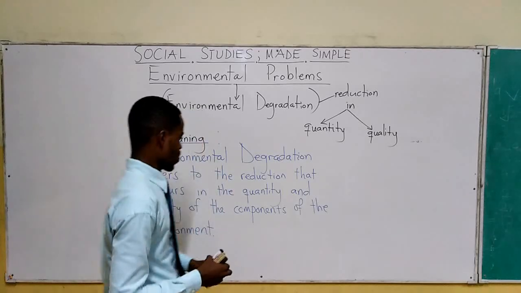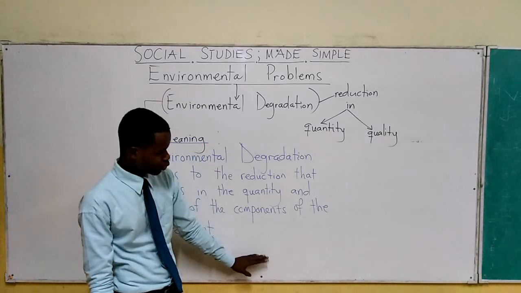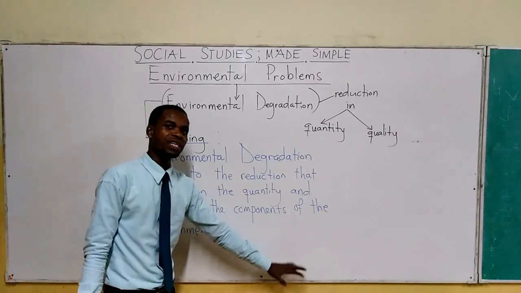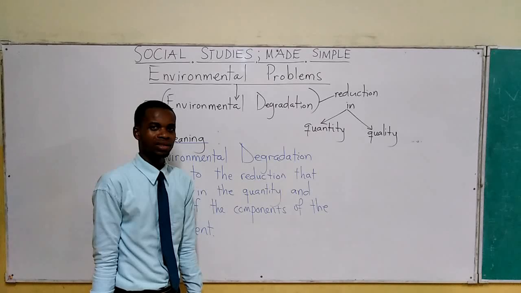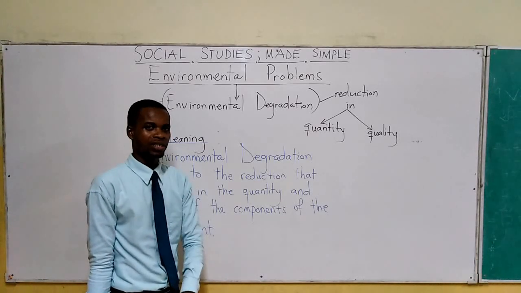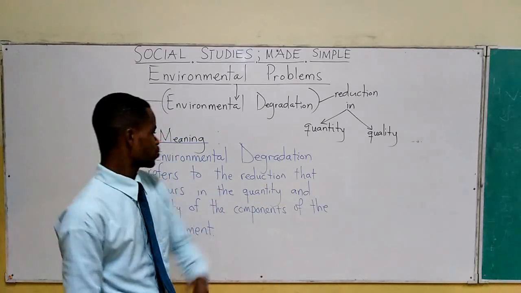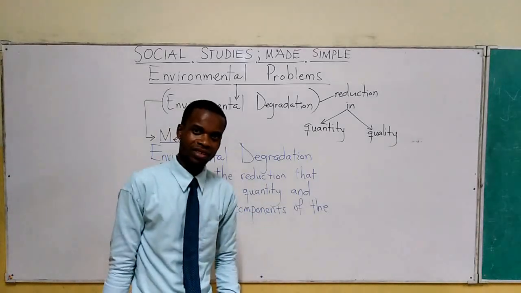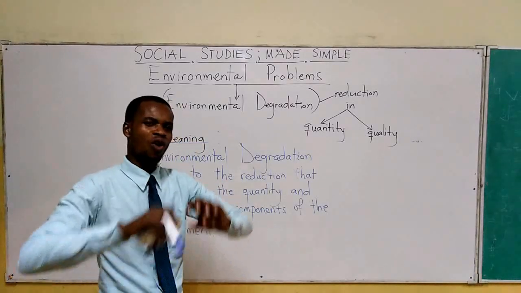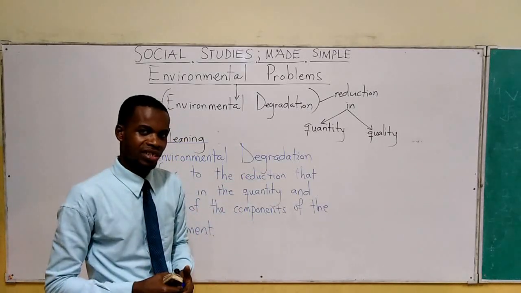Good. You add what I just said to the definition when you are being asked to explain the point. So if the question is, explain environmental degradation: Environmental degradation refers to the reduction that occurs in the quantity and quality of the components of the environment.